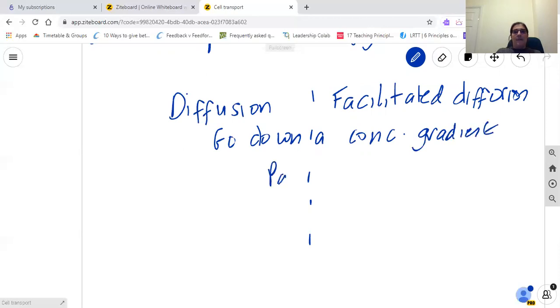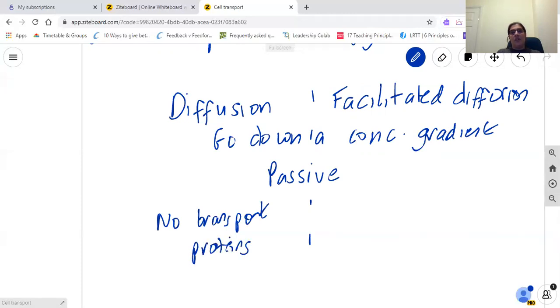Both are passive, but diffusion does not require transport proteins, whereas facilitated diffusion does need transport proteins.